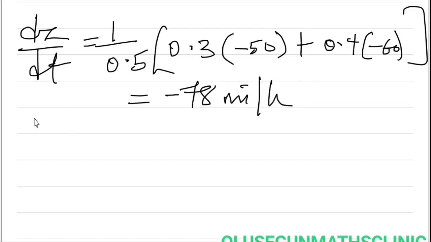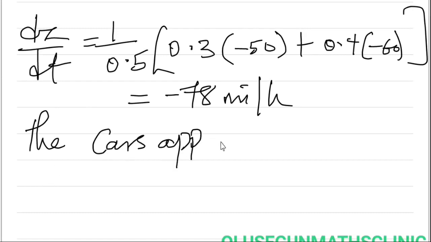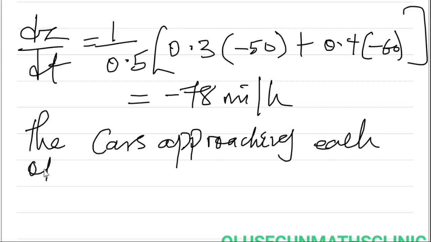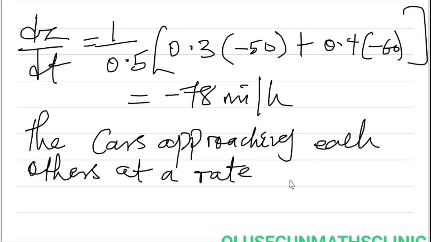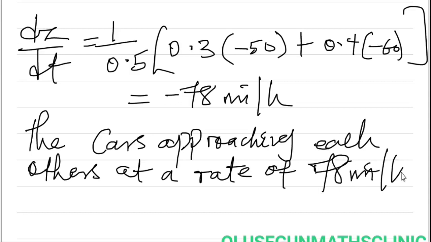So the cars are approaching each other at a rate of 78 miles per hour. So that is the rate at which they approach each other.